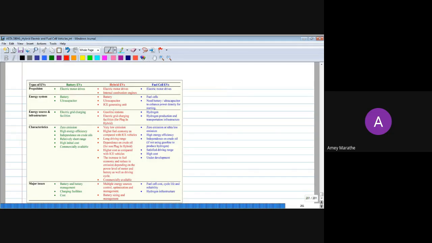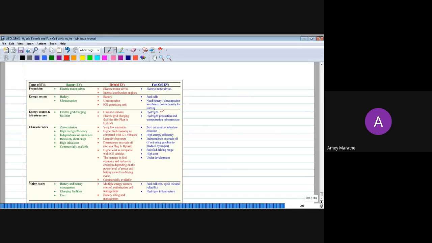In hybrids, the energy source is either the gasoline station, because we are using IC engines, or an electric grid charging facility for plug-in hybrids. For a fuel cell, the energy source can be hydrogen, or hydrogen production and transportation infrastructure. Either you can use a reformer, or you can produce hydrogen on board and use that hydrogen.